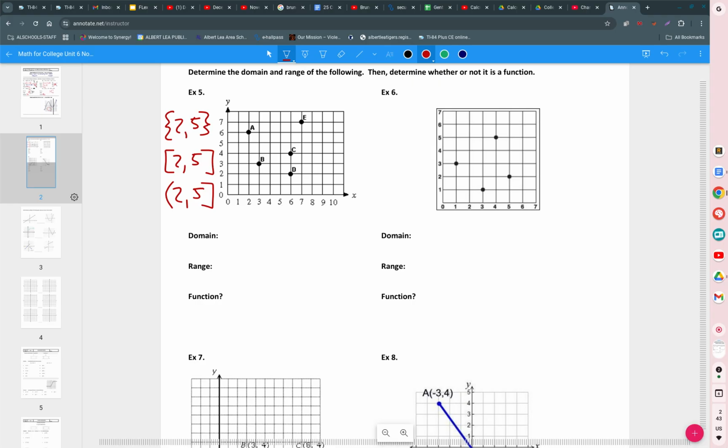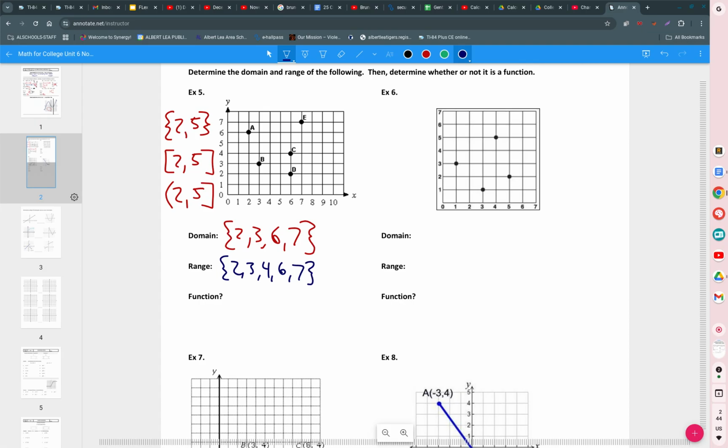So, domain. Notice I just have the x values of 2, 3, 6, and 7. Those are the x values for those coordinates. So that's my domain. Because they're specific points, I list it as a roster. The range is the set of y values. The y values start at 2, 3, 4, 6, and 7.